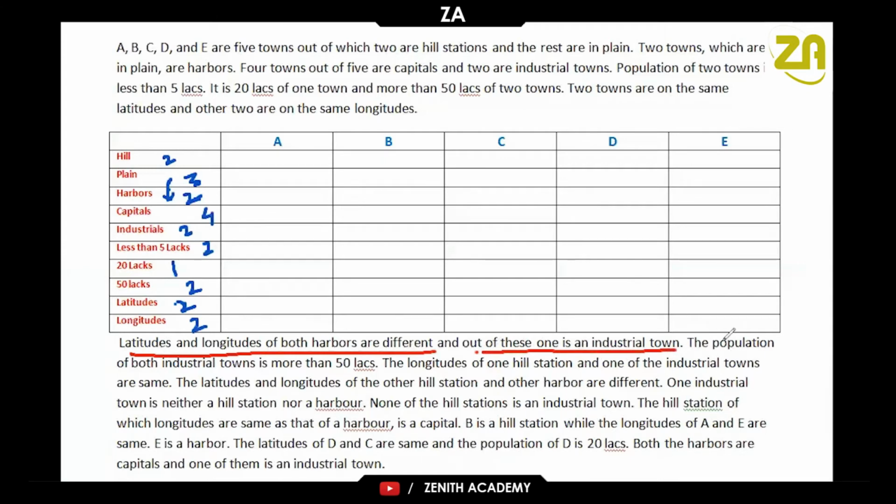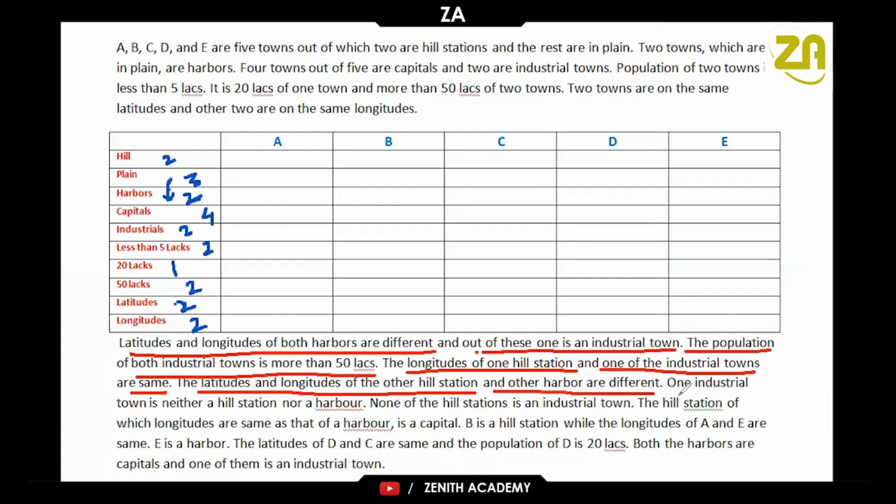The population of both industrial towns is more than 50 lakhs. Again, indirect information. The longitude of one hill station and one of the industrial towns are same. Indirect information. The latitude and the longitudes of the other hill station and other harbor are different.